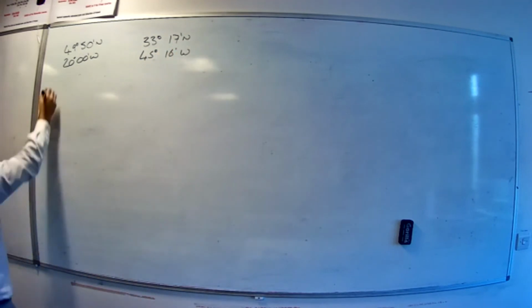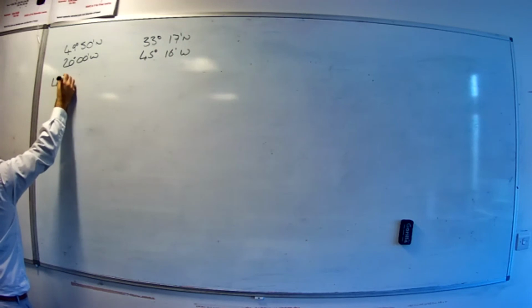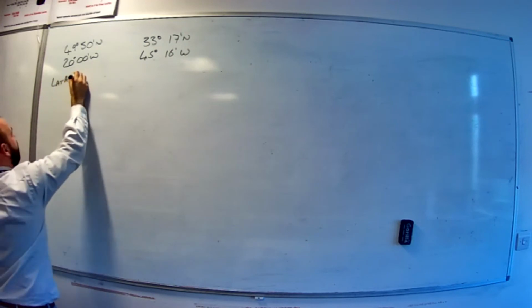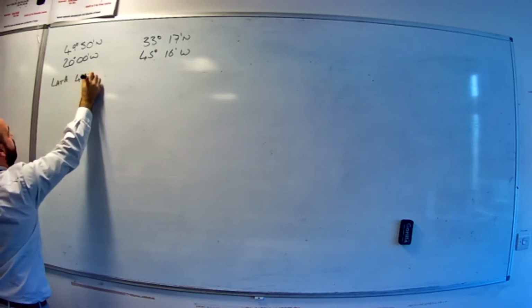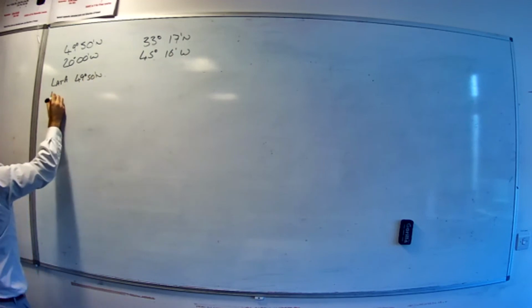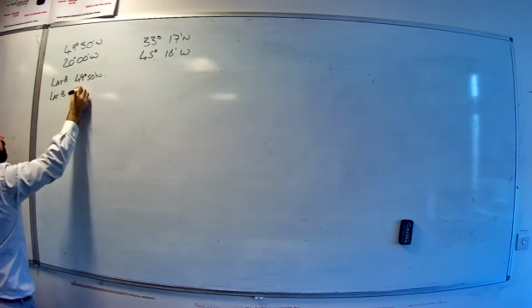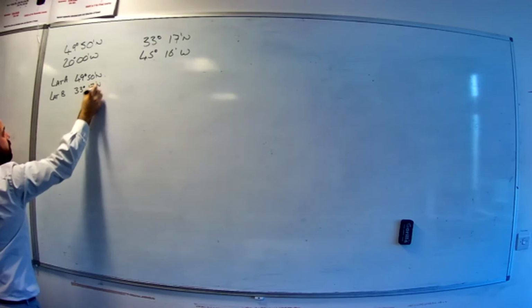Okay, so what we do, same as with plain sailing, we work out a D lat and a D long. So lat A was 49 degrees, 50 minutes north. And B, 33 degrees, 17 minutes north.